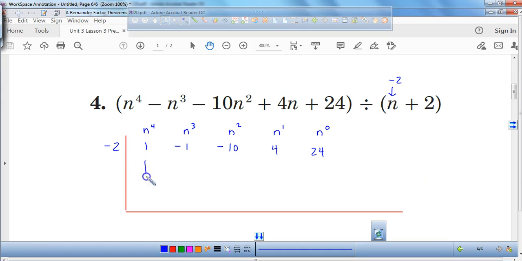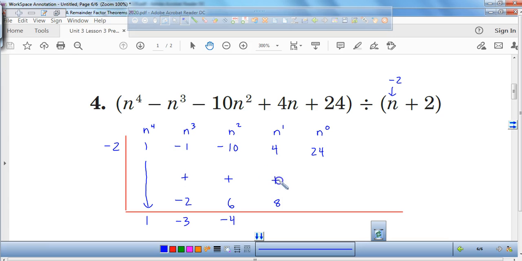Then all I do is drop it down. Bring it down to 1. Negative 2 times 1 is negative 2. What do we do with these? We add them together. Negative 1, negative 2 is negative 3. Negative 2 times negative 3 is positive 6. Add them together. Negative 2 times negative 4 is positive 8.